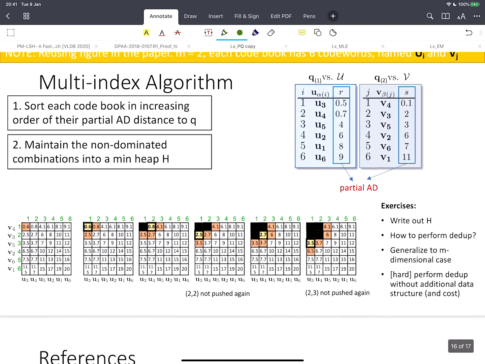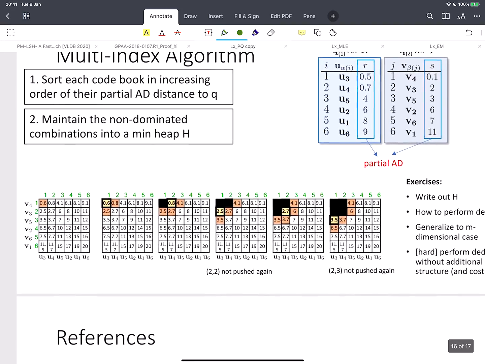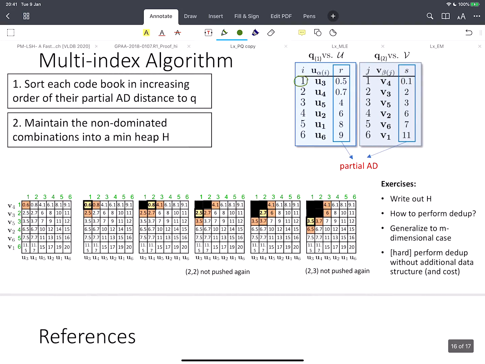So let's look at this example in running. Basically what you do is always start with 1, 1. Okay, that's the best computation you can ever get. So the distance, the AD, will actually be 0.6, which is 0.5 plus 0.1.